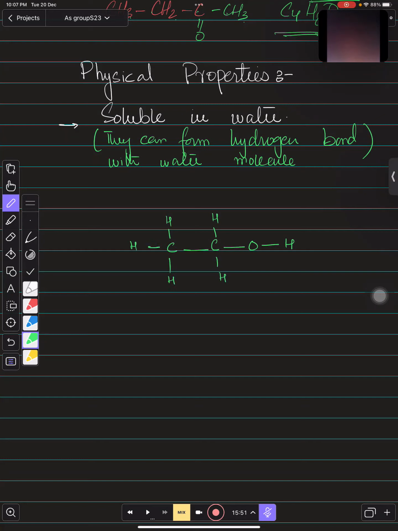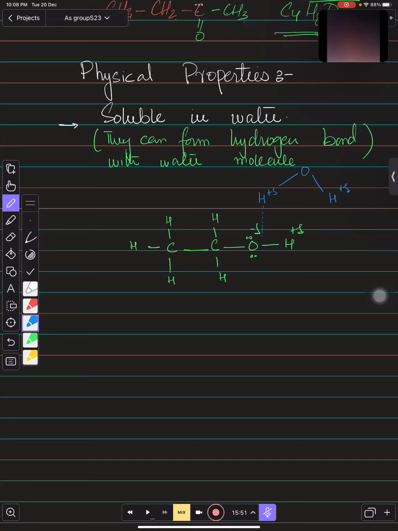We know that the electronegativity of oxygen is very high, and it has lone pairs as well, so it is partial negative, and this hydrogen is partial positive, right? So when the water molecules are present along with this, the hydrogen of water is positive, and this positive starts attracting towards the negative of alcohol. So this is the hydrogen bonding you need to see over there.